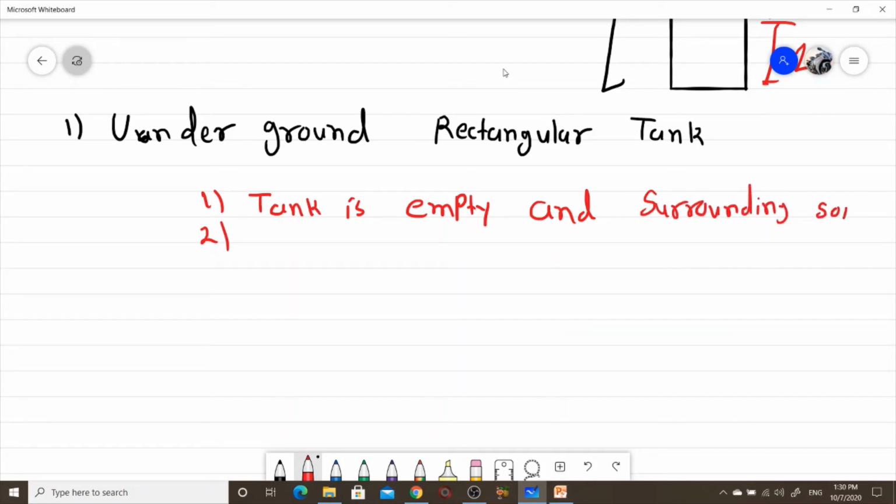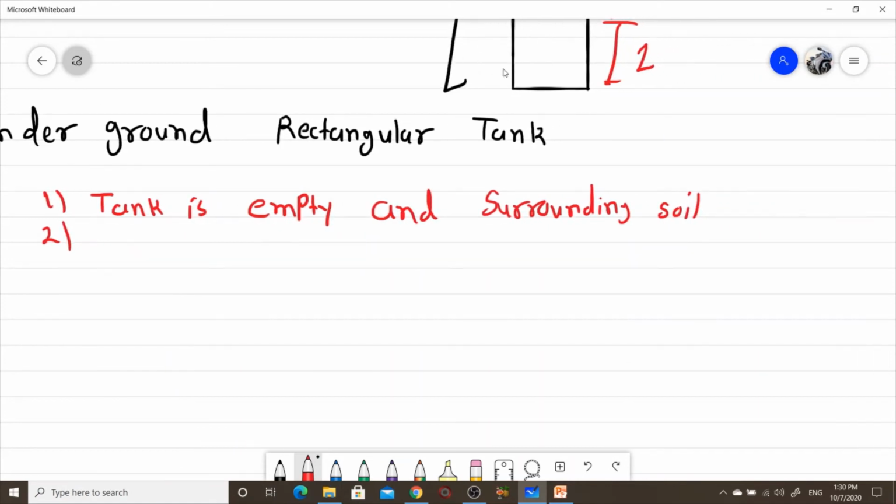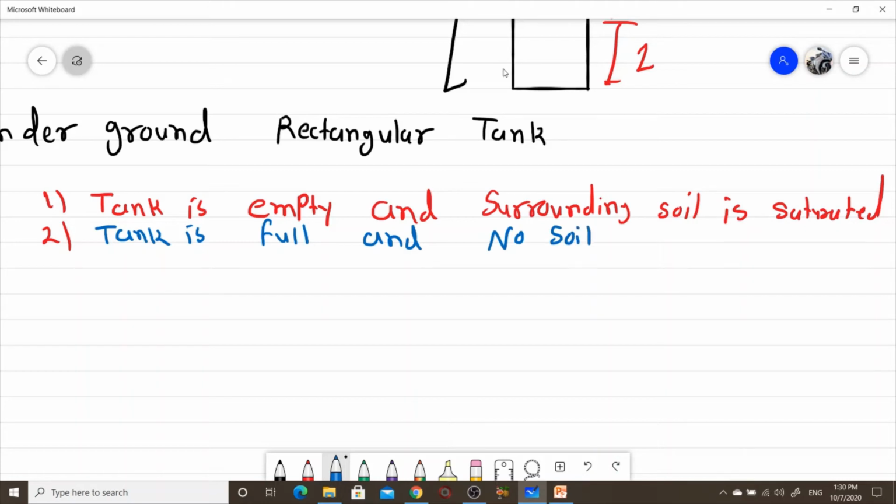The second condition is the tank is full and no soil outside.